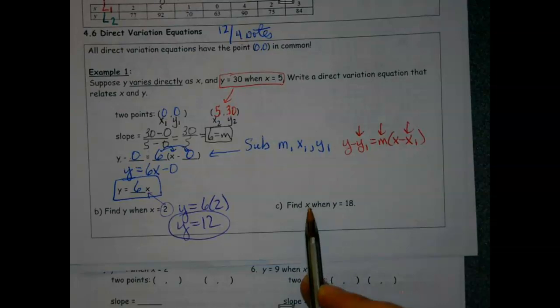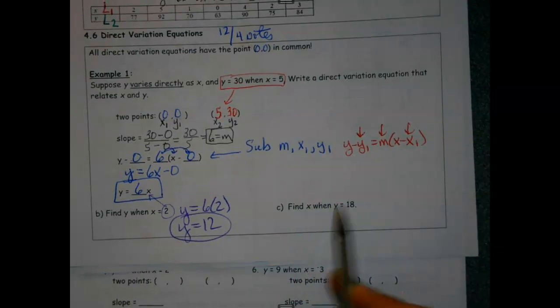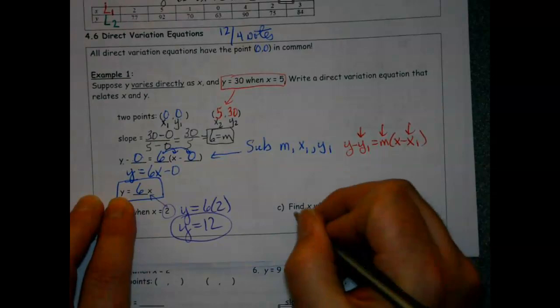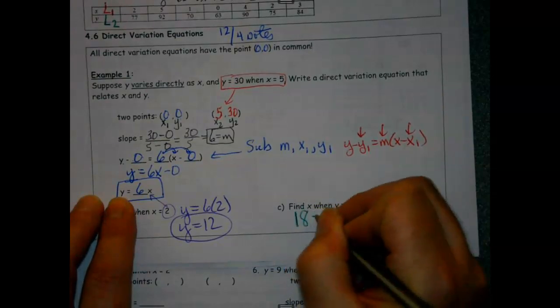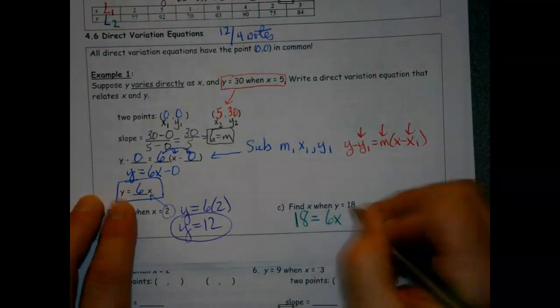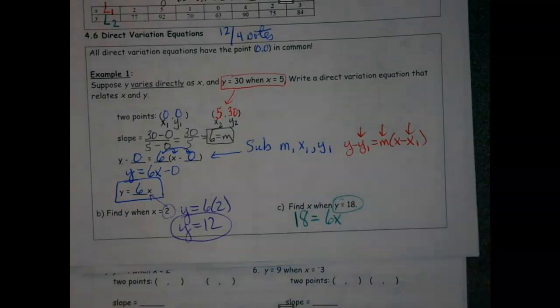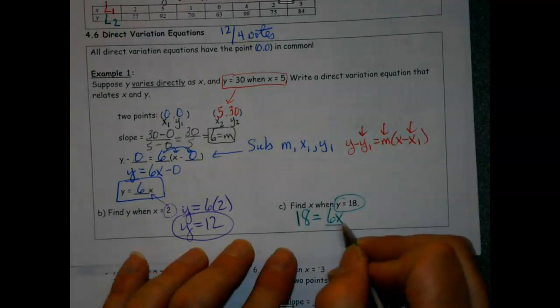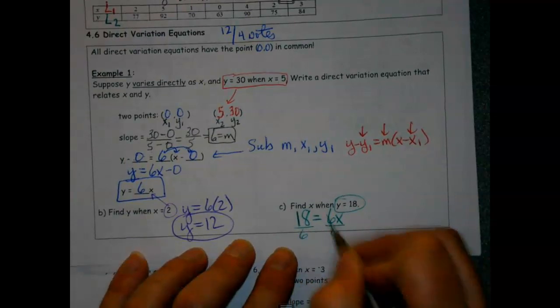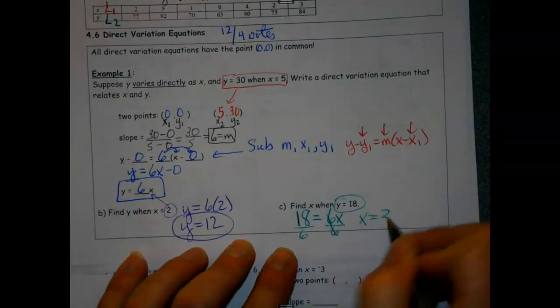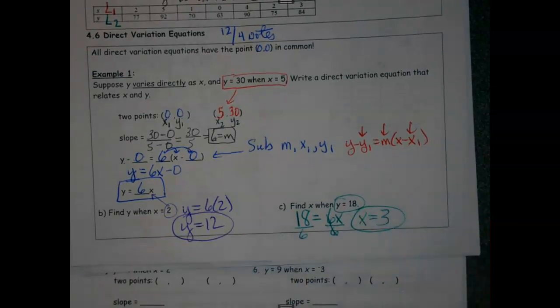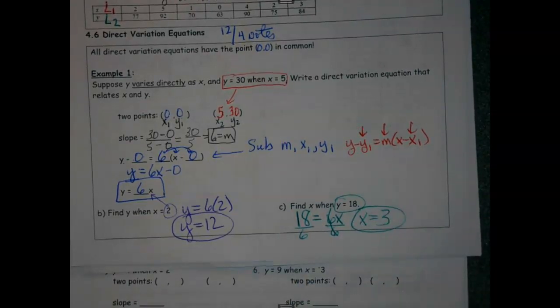Find x when y equals 18. Be careful where you're substituting based on what value they give you. It's not going to be x every time. Sometimes we may have to do a little bit of work to get to the place that we want to go.